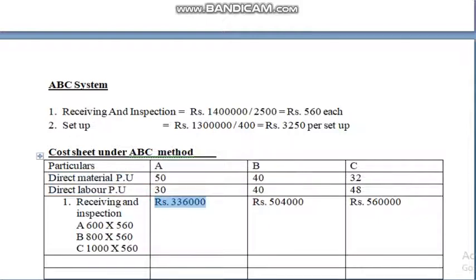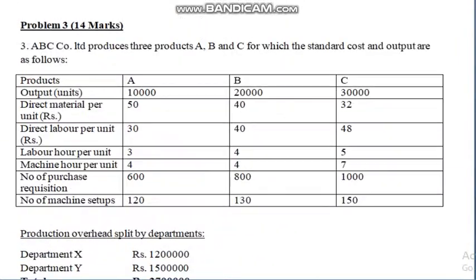Here the direct material and direct labor are recorded in terms of cost per unit, but we have recorded the receiving and inspection cost in terms of total cost. In order to bring uniformity, convert this total cost into cost per unit, by dividing by the total number of units manufactured. Product A 10,000 units, product B 20,000, and product C 30,000 units were manufactured.